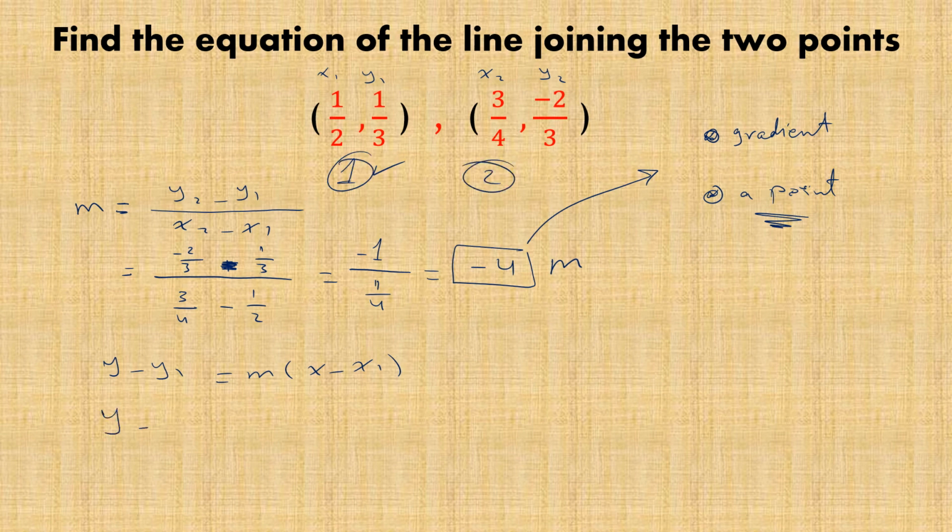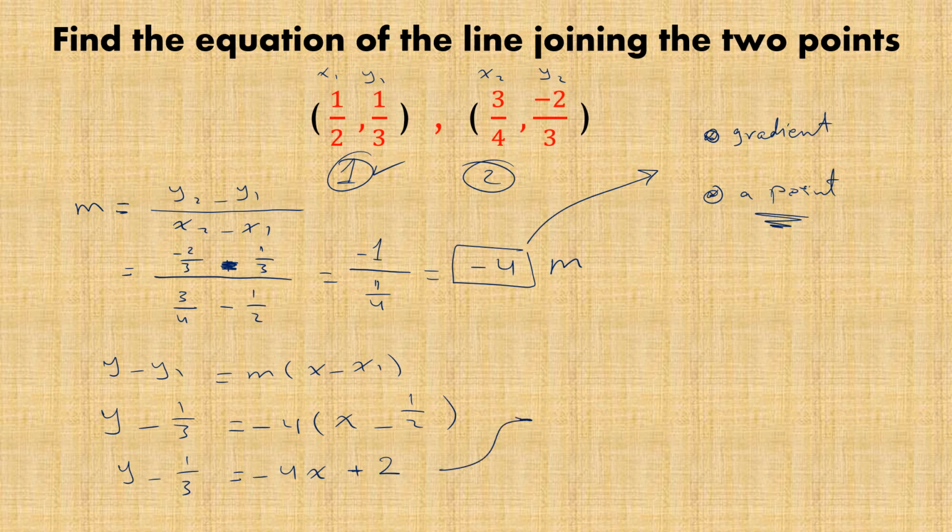So y minus y1, which is 1 over 3, equals m, negative 4, multiplied by (x minus x1, which is 1 over 2). Expand and simplify. It will be y minus 1 over 3 equals negative 4x plus 2, because negative 4 multiplied by negative 1 over 2 equals plus 2.